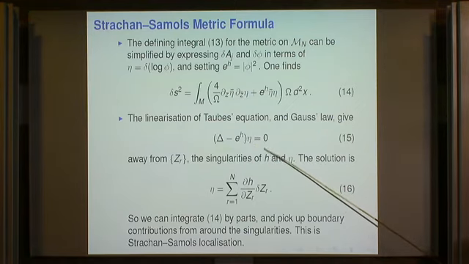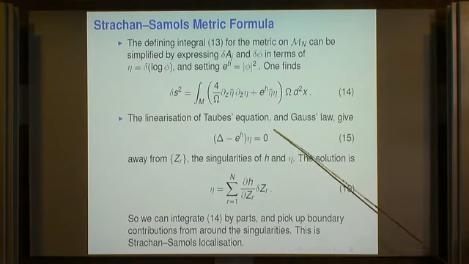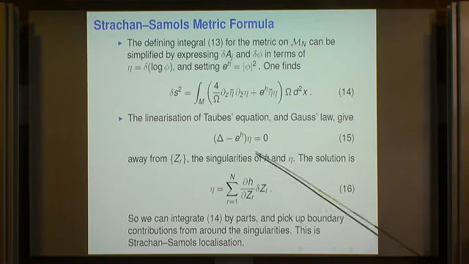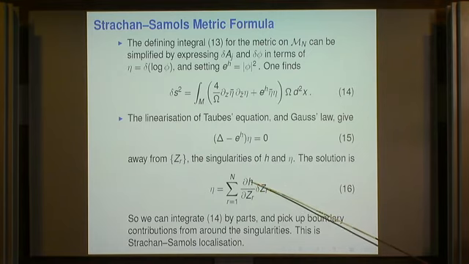And it's not strictly zero, there are also some delta functions, derivatives of delta functions at the sources. And the solution is explicit, it's just a variation of h, because it's the linearization of the Taubes equation. So if you vary h with respect to the vortex locations and combine these variations of the vortex locations, you get a solution of this equation.